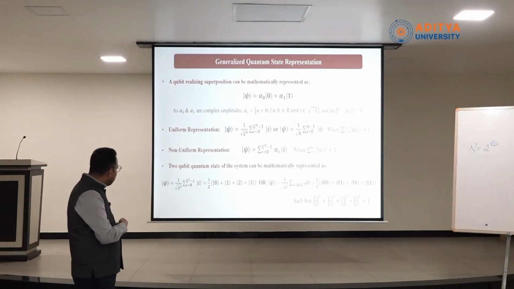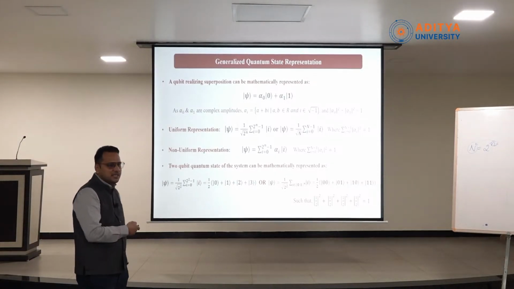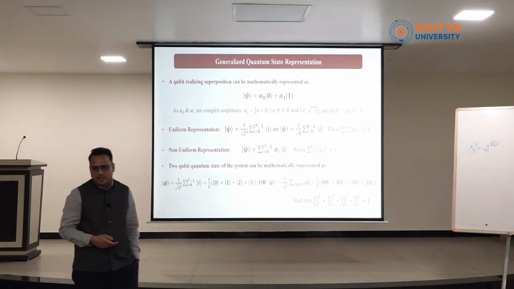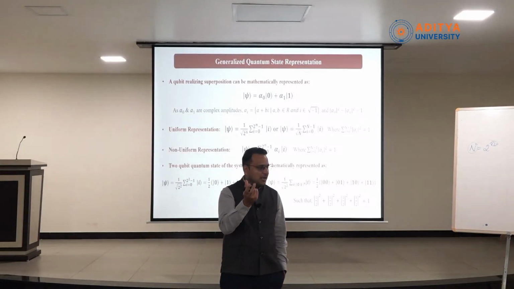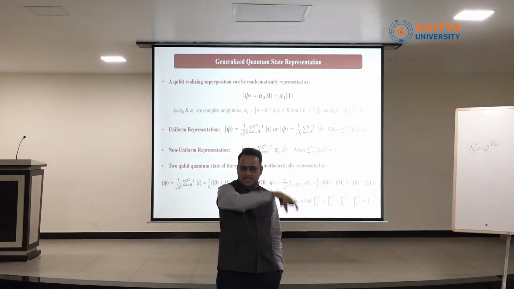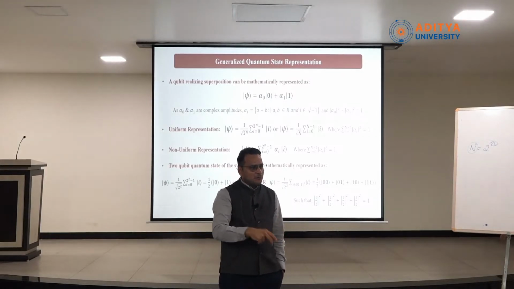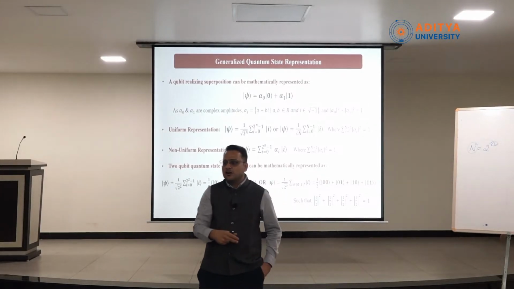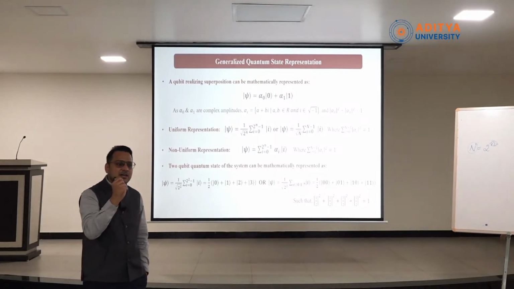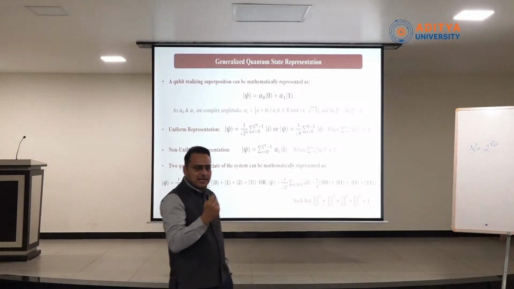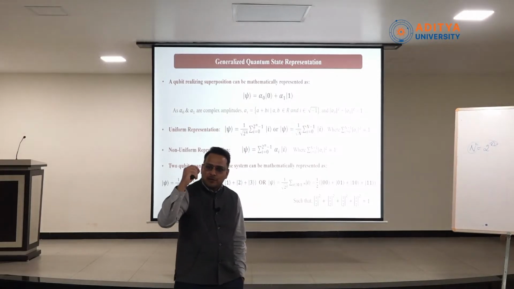Such uniform and non-uniform representations are actually used in machine learning mechanisms. When you have certain data points and you want to encode them in quantum states, you may use different amplitudes. This is one of the encoding mechanisms, and it is called amplitude encoding.